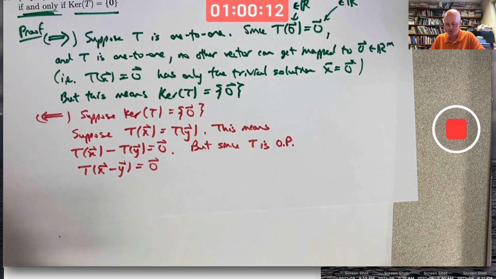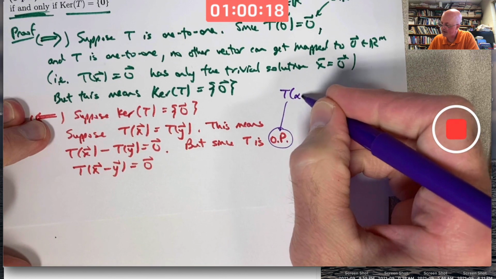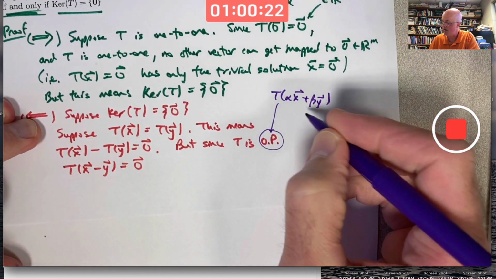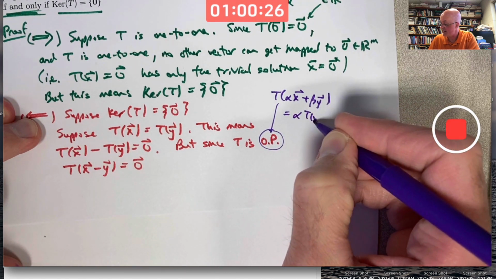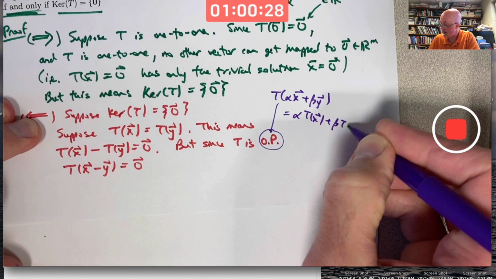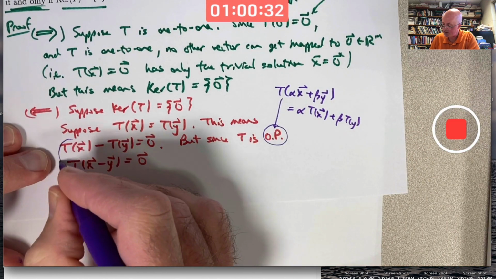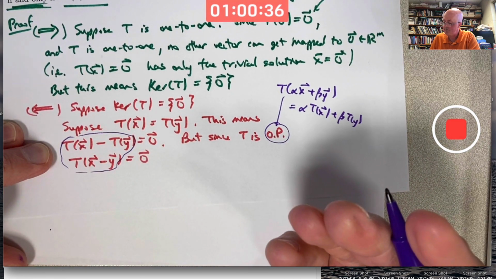In general, operation preserving, OP, means T of alpha x plus beta y, where alpha and beta are constants, scalars, is alpha of T of x plus beta of T of y. I'm using that here to say these are equal when alpha is positive 1 and beta is negative 1.